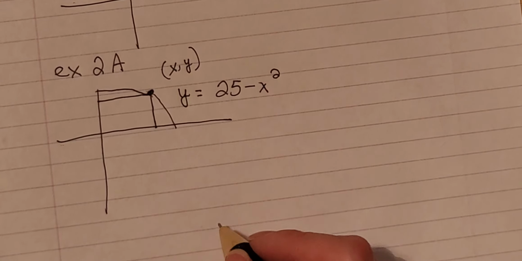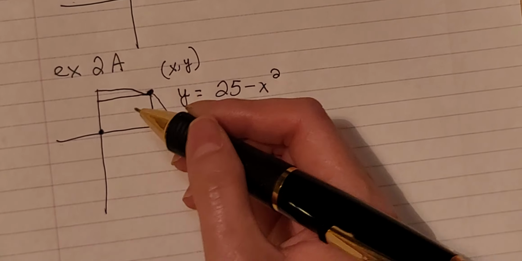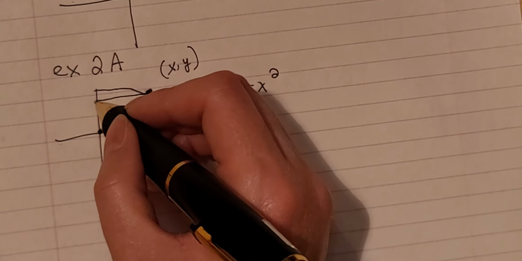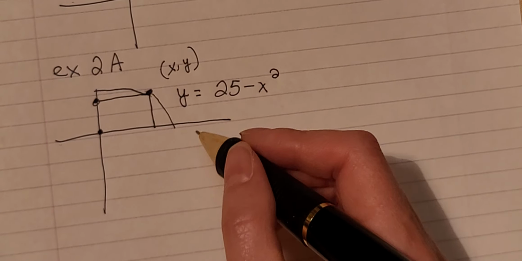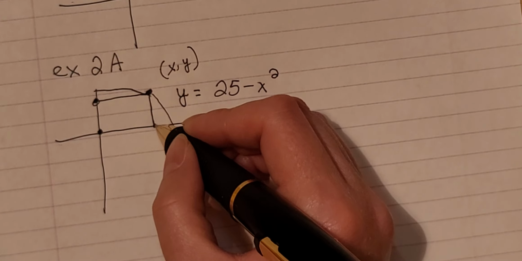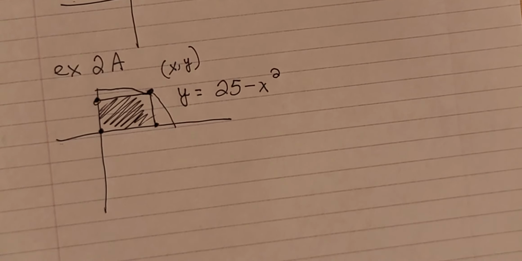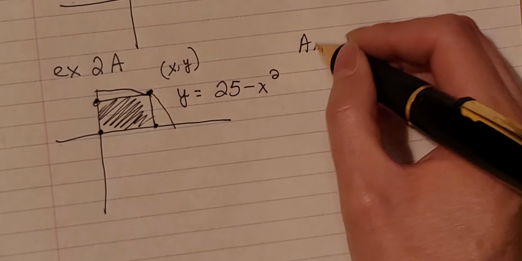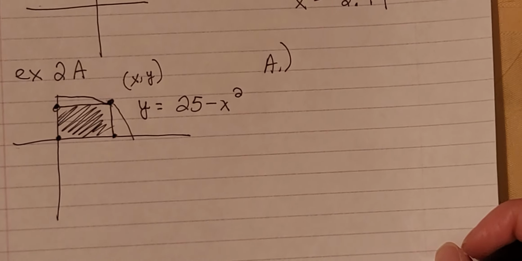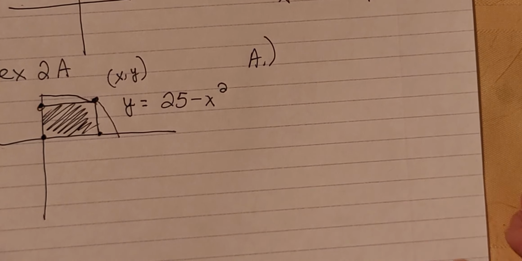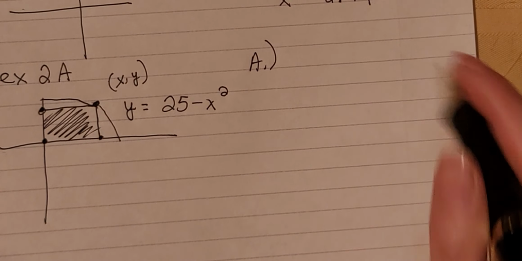Another corner is at the origin, down here. The third corner is on the positive y axis, and the fourth corner is on the positive x axis. This right here is shaded in. That is your rectangle.